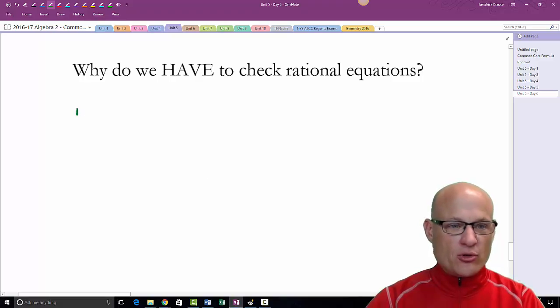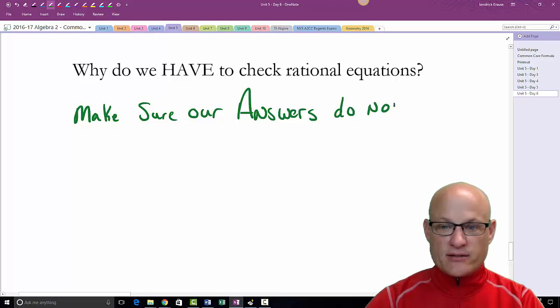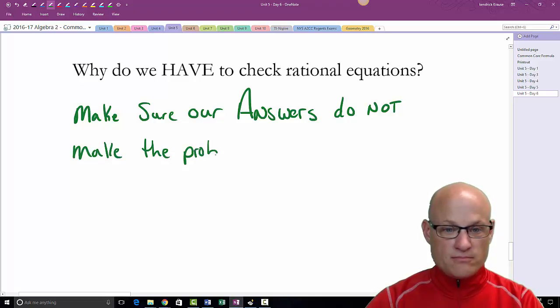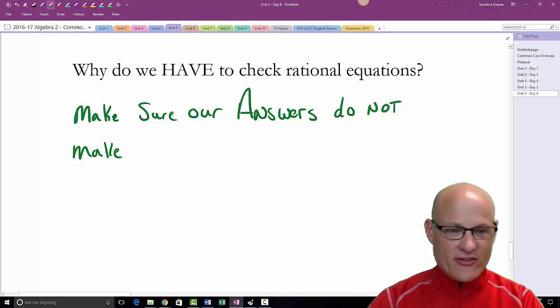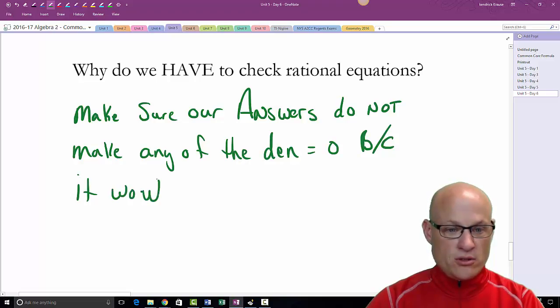What we want to check is to make sure our answers do not make any of the denominators equal to 0, because it would be undefined.